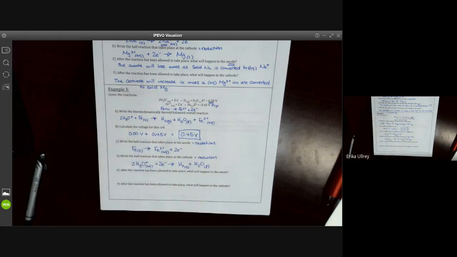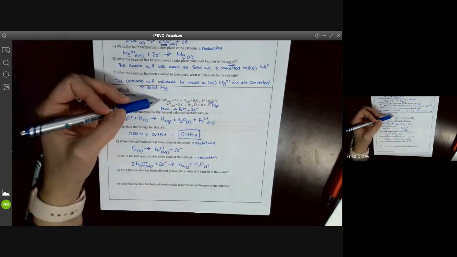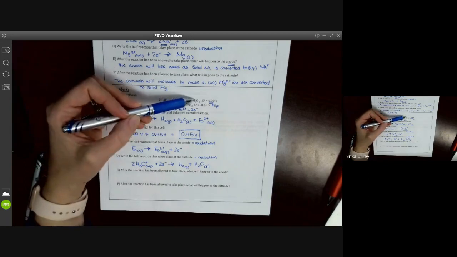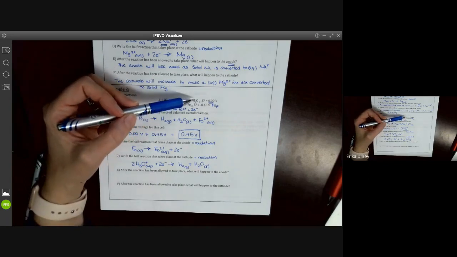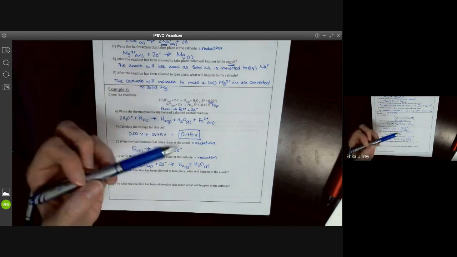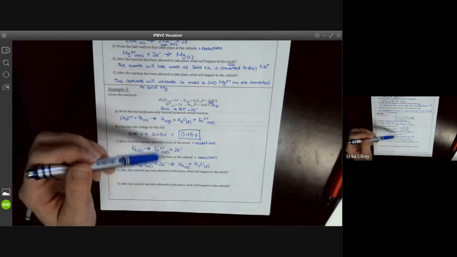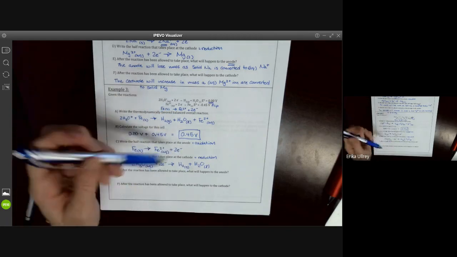Okay, good. So notice that this is liquid, and we're producing hydrogen gas and liquid water. So that's reduction at the cathode and oxidation at the anode.